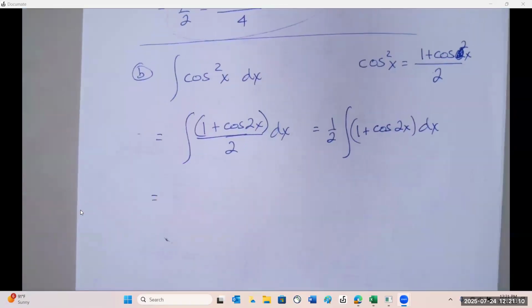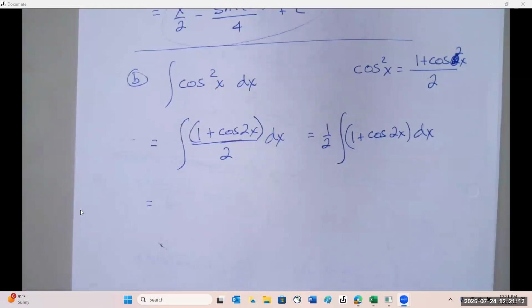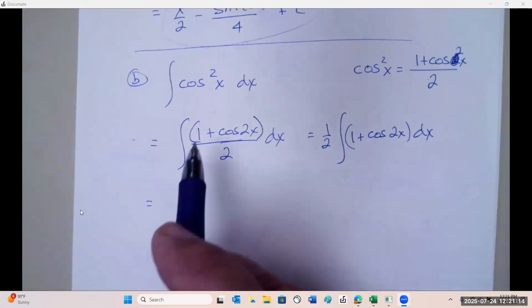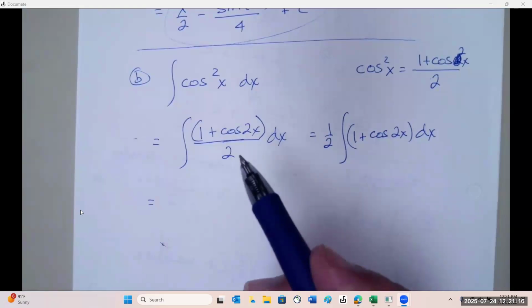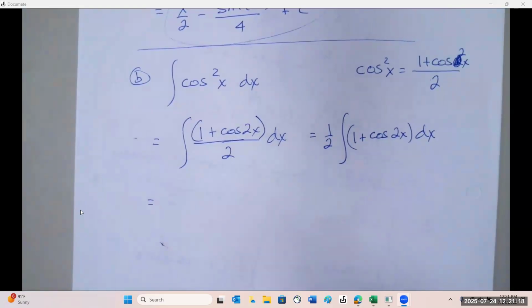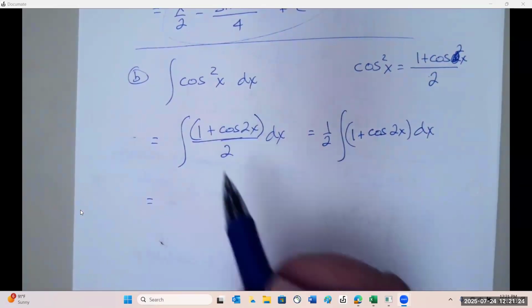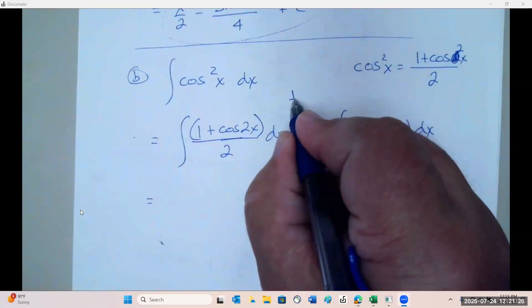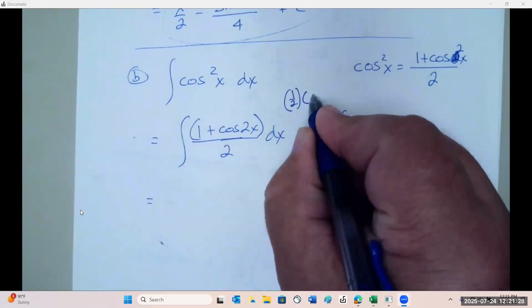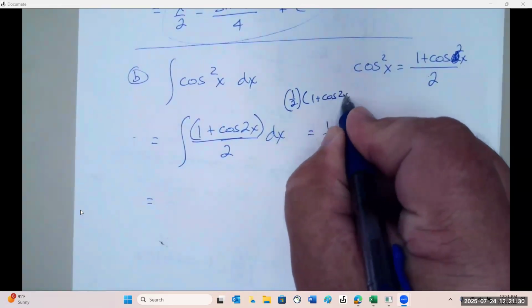Oh, so there's a constant outside of that original 1 plus cosine 2x? No, there's nothing in front of it. What this equation can be written as is 1/2 times 1 plus cosine 2x.